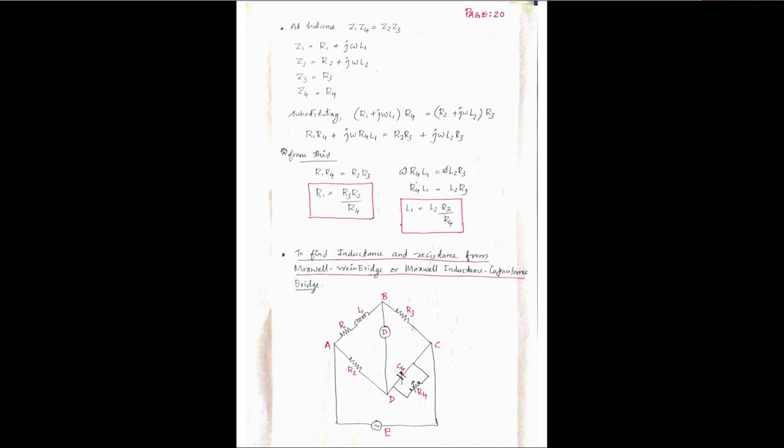Equating the real and imaginary parts: the real part gives R1 R4 equal to R2 R3, so R1 equals R2 R3 divided by R4. The imaginary part gives omega R4 L1 equal to omega L2 R3.